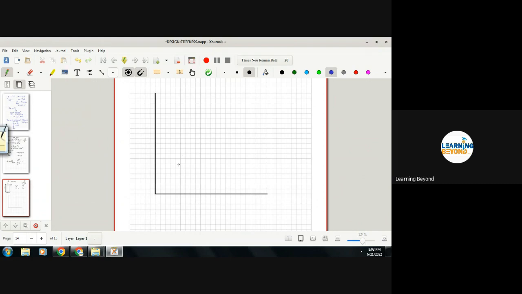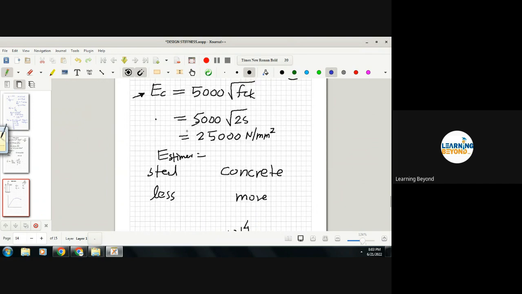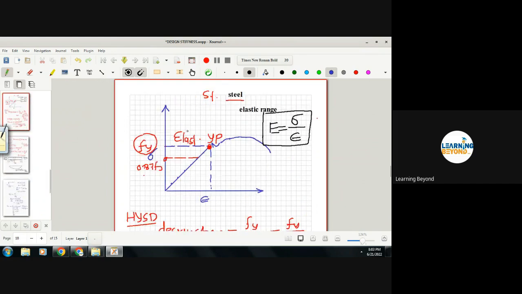Whenever you plot points, you will see that it will first be linear. After that, it will be non-linear, where strain will increase more for the same force. And after some point, it will fail. In a similar fashion, we have done the steel test. What is happening at this end? It will fail.